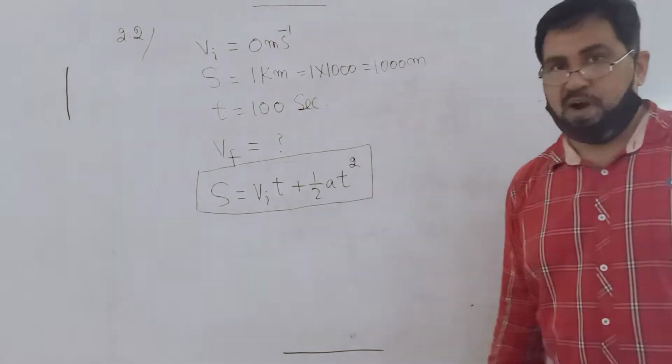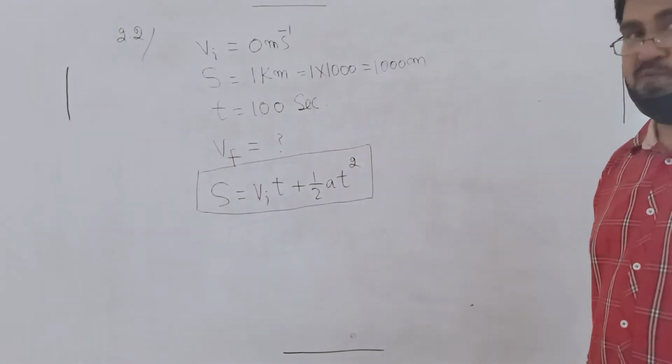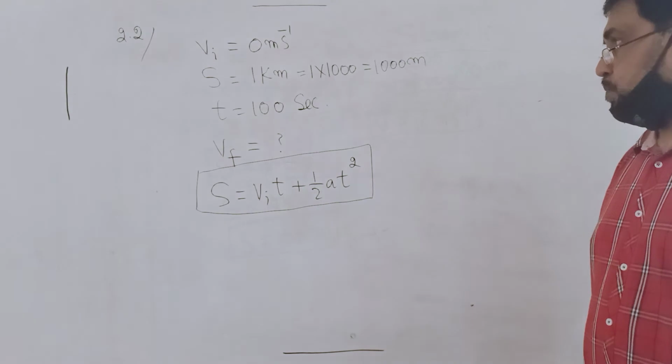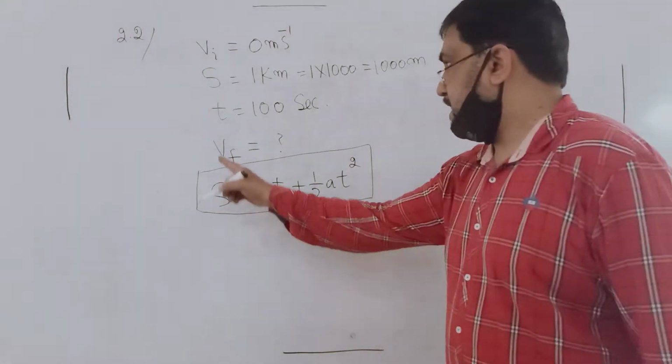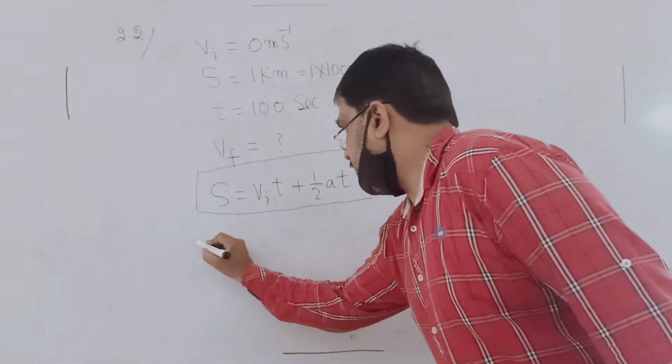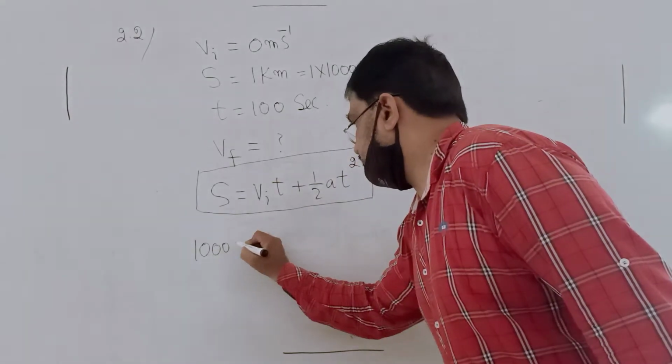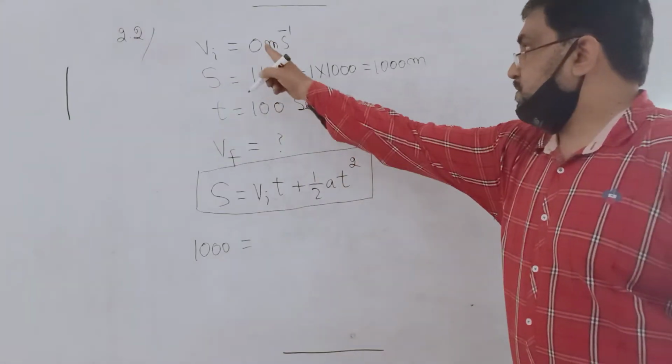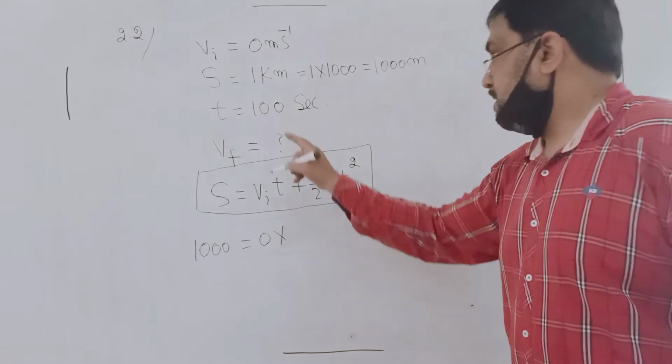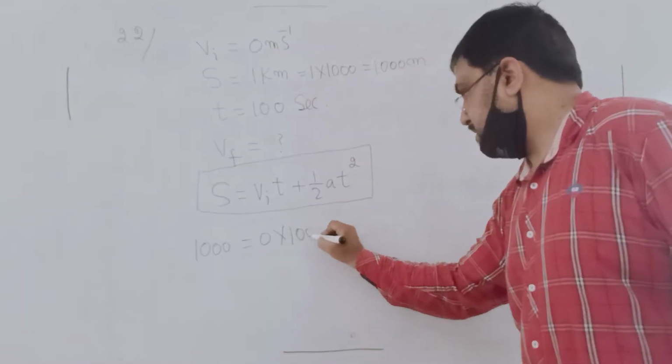Now we will find acceleration. So putting values in place of S, we can write 1000. Vi is equal to 0. T is equal to 100.